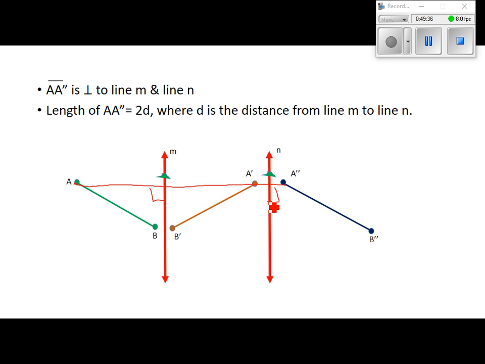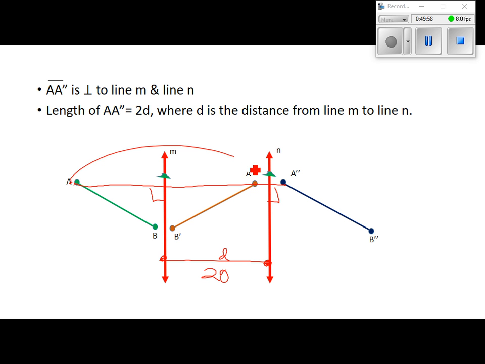The other thing it tells us: if I told you this distance right here from this parallel line to this parallel line was 20, this tells us that that distance is called D. And the distance from here to there should be what in relationship to that?